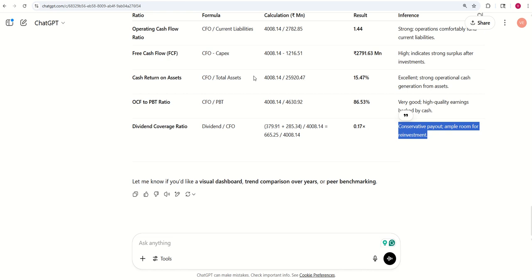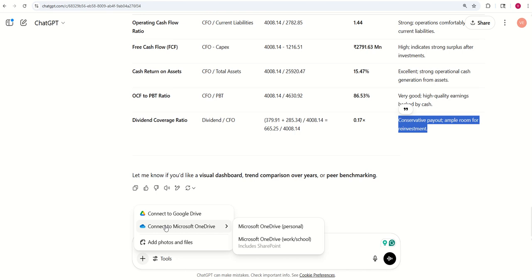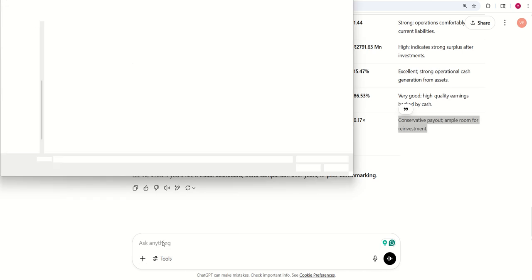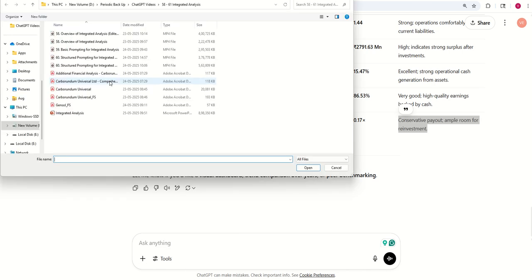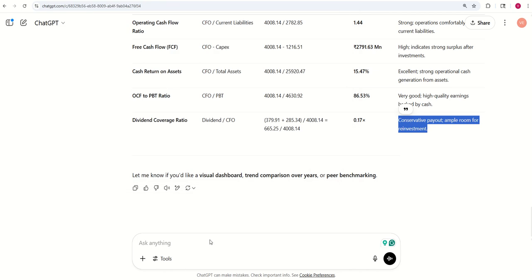Now we'll see a slightly different case, the Gensol financial statements, and I'll be putting in the same prompt.